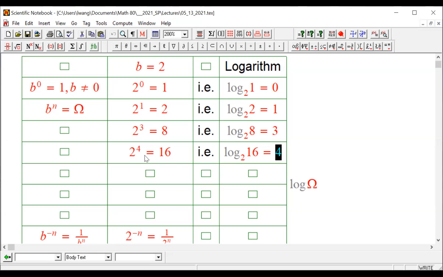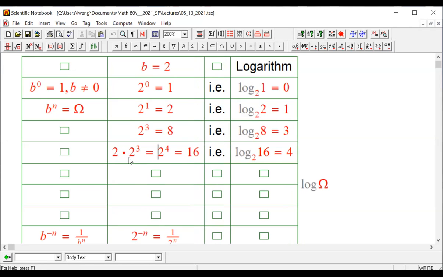But in terms of power, 2 to the power 4 is 2 times 2 to the power 3. It's twice as much. So the logarithm value differs by 1, but the power is twice. So far, so good.